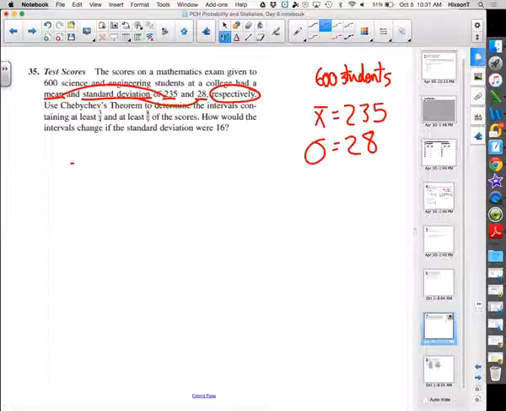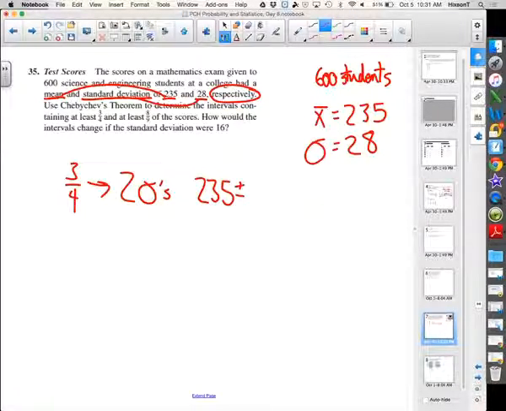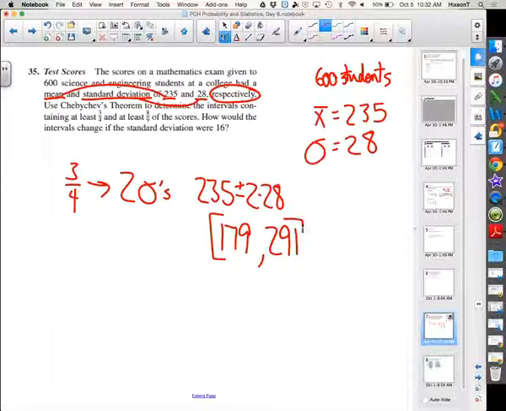So we're going to take this x bar, 235, and add and subtract 2 standard deviations. 2 times 28 is 56. If we add 56 to 235, we get 291. If we subtract 56, we get 179. And we can write that as an interval like this.